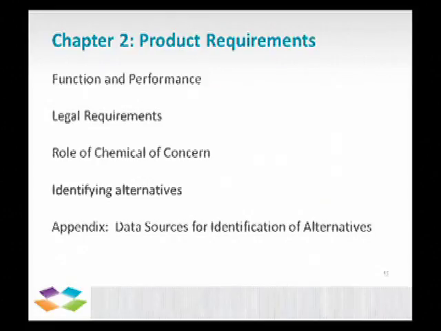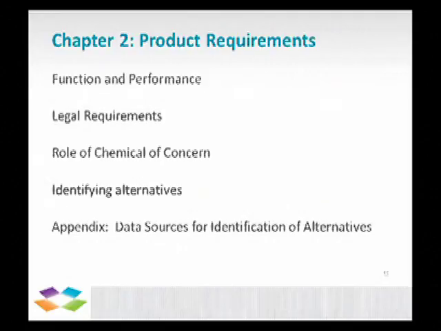And when identifying alternatives, don't limit yourself to just thinking of chemical substitution. Responsible entities can consider a broad range of options, such as reformulation or even evaluating similar materials that can perform the same function.